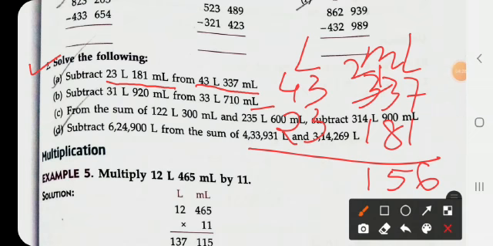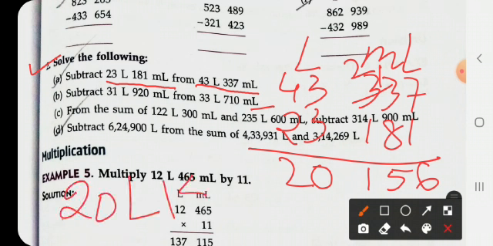Then we come to 3 minus 3 is 0, 4 minus 2 is 2. So what is the answer now? It is 20 liters and 156 milliliters. Right? Now this is how we will do the first sum.